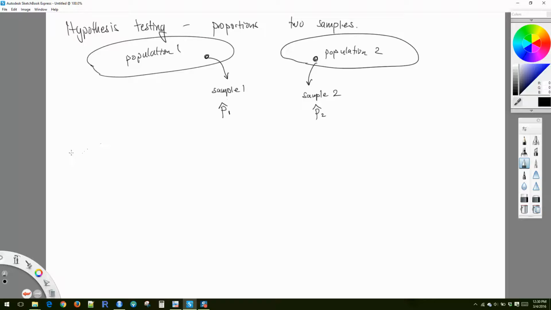So we will most likely observe that p-hat 1 and p-hat 2 are different. Okay, so the question is, these sample proportions are different.